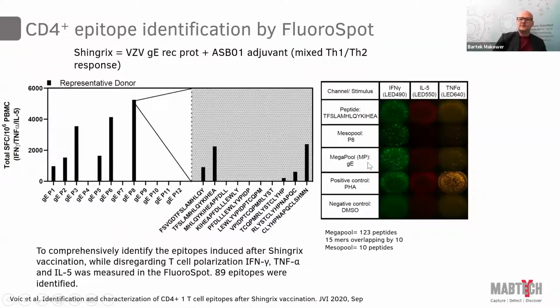You then break it down into mesopools containing only 10 epitopes, and they are shown here. And this individual responds nicely to mesopool 8, which can be deconvoluted into the individual 10 peptides. And finally, you can show that this individual responds to this specific CD4 peptide. And using this method, they could map 89 CD4 T cell epitopes induced by this vaccine.